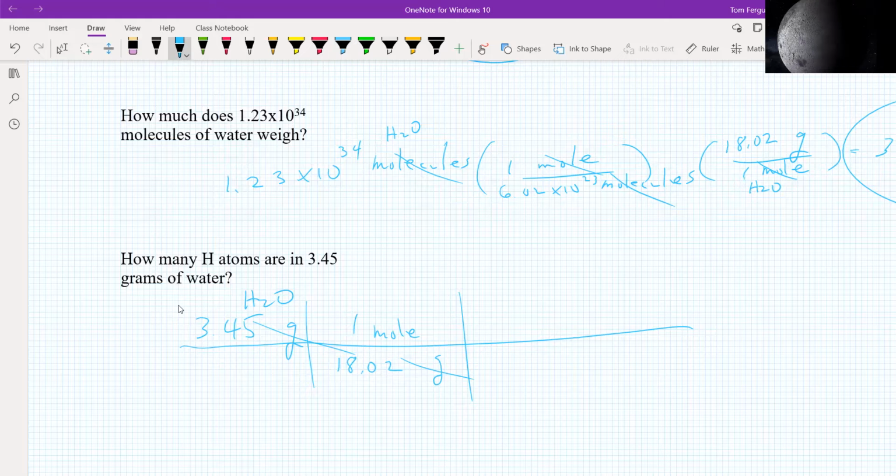So that's grams of H2O, not grams of hydrogen.